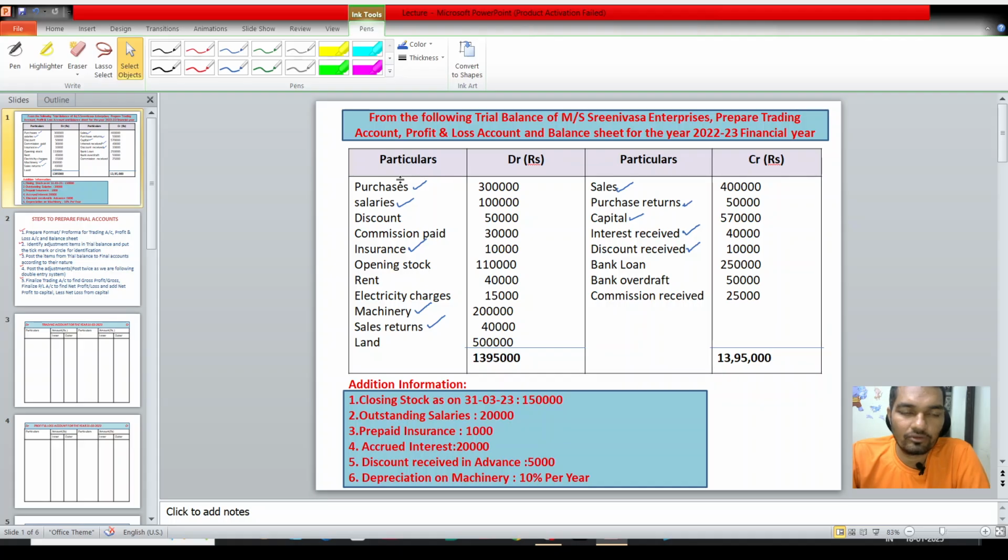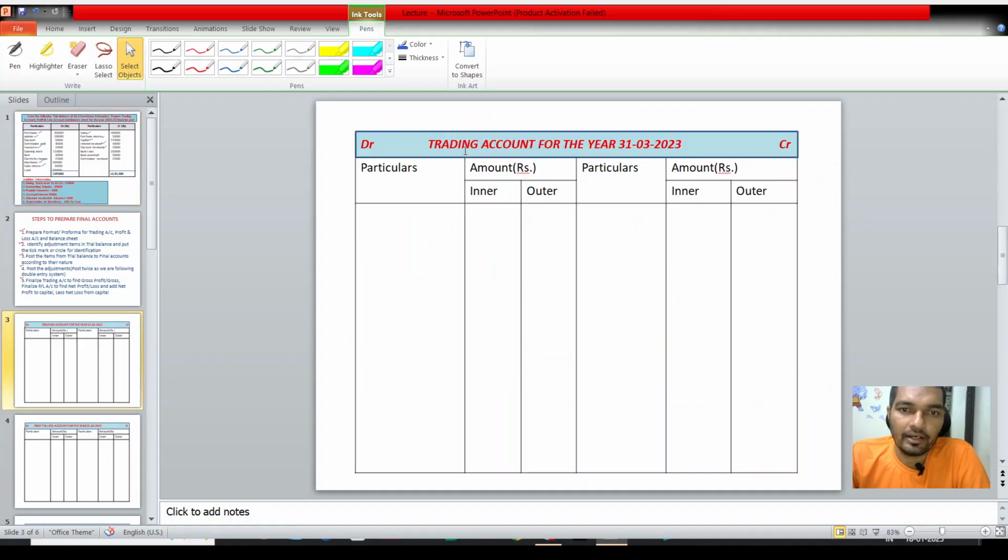So where do we post purchases? Purchases is considered as purchase of raw material. We use the raw material in the factory. So basically the trading account is related to the factory.